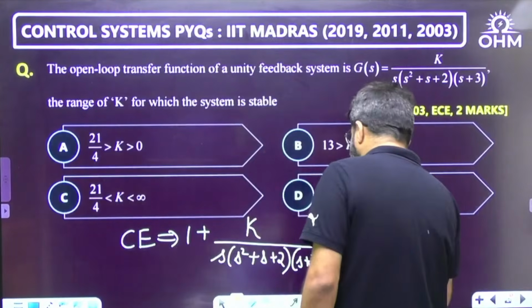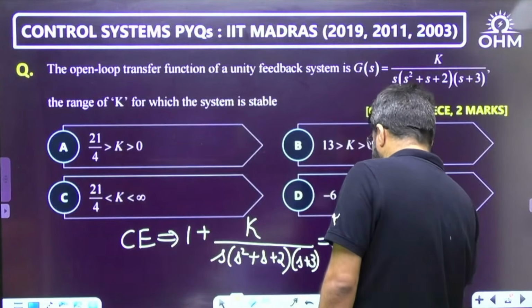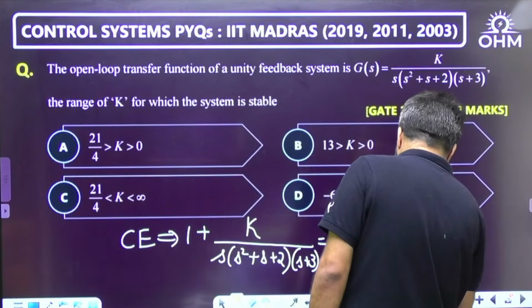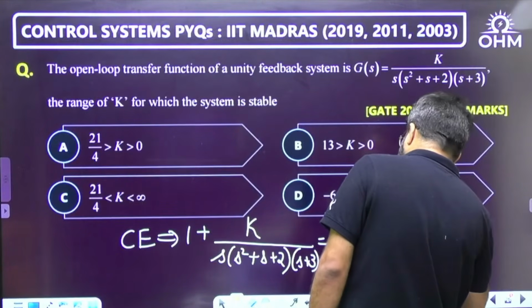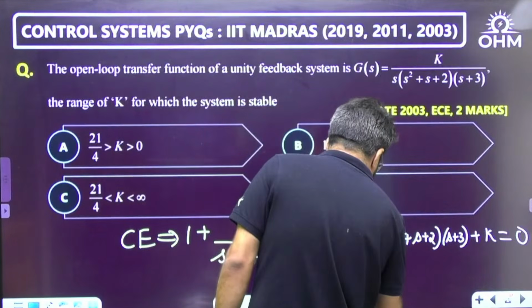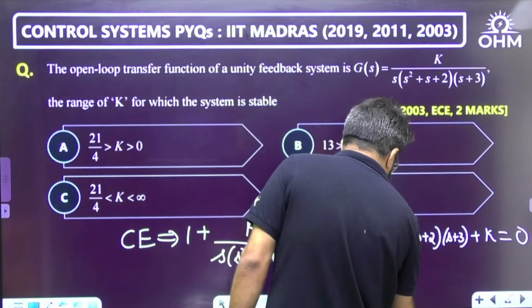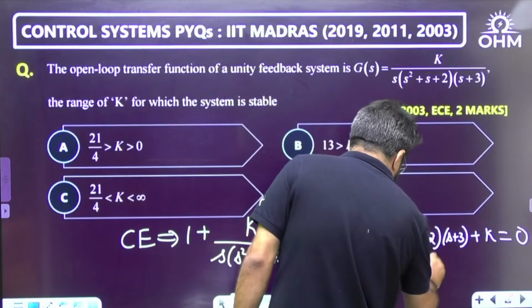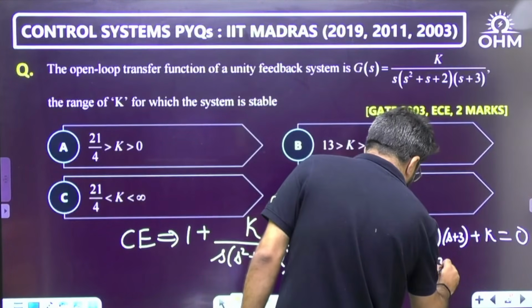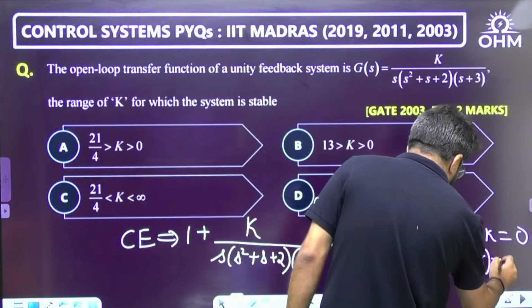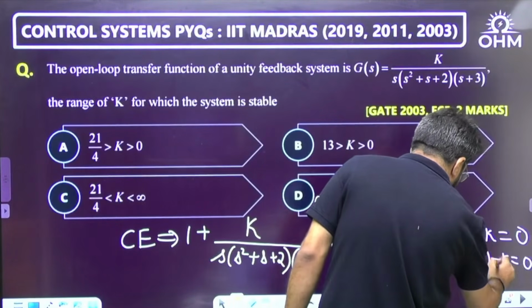Multiplying the whole term, (s square plus s plus 2) into (s plus 3) plus k equal to 0. Let me simplify: s square into s is s cube, s square into 3, s into s square, s into 3, 2 into s, 2 into 3 is 6, plus k is equal to 0.